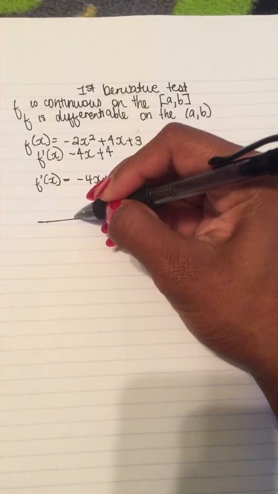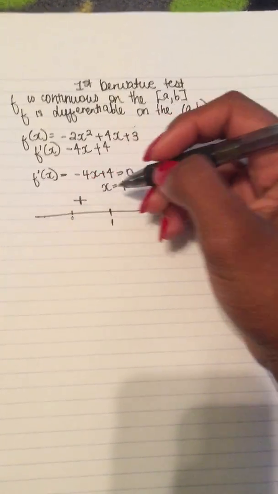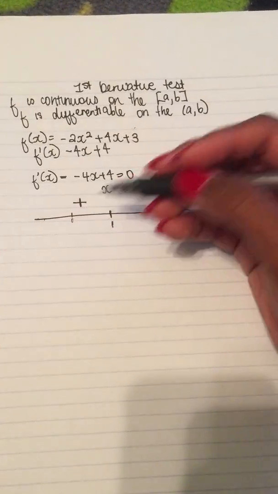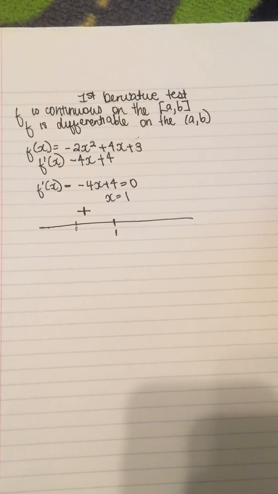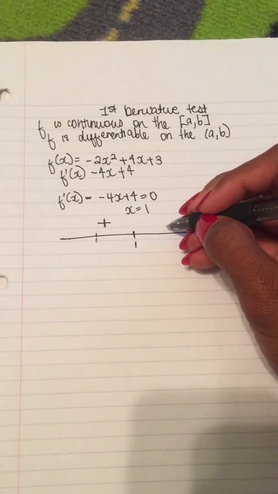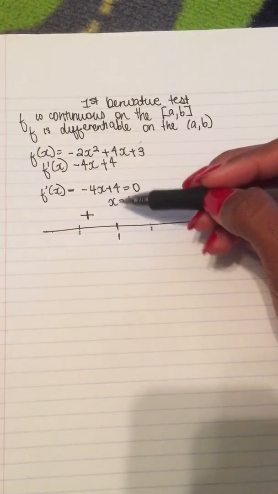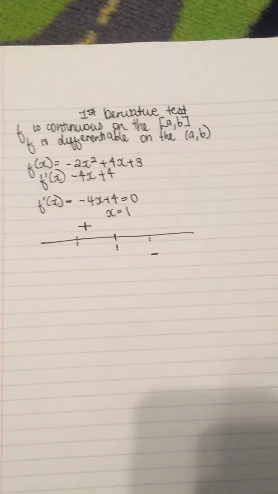At 0, we have a positive number, because 0 times negative 4 is 0, plus 4 is 4, which is positive. Then let's use 2. Negative 4 times 2 is negative 8, plus 4 is negative 4, so we have a negative number.